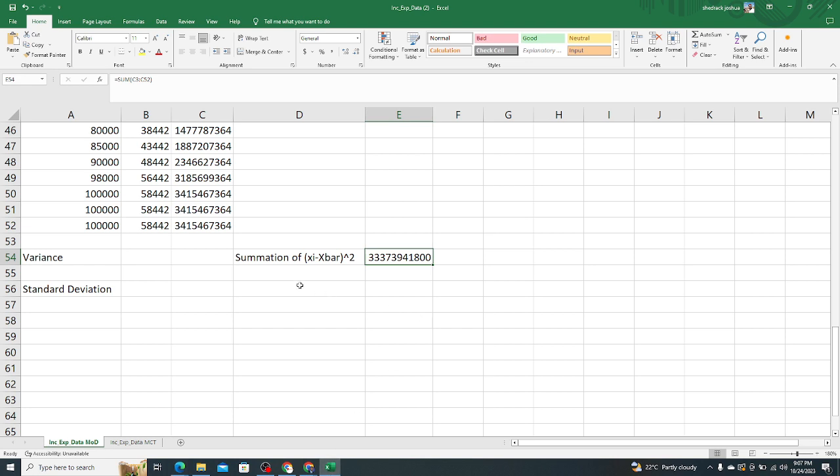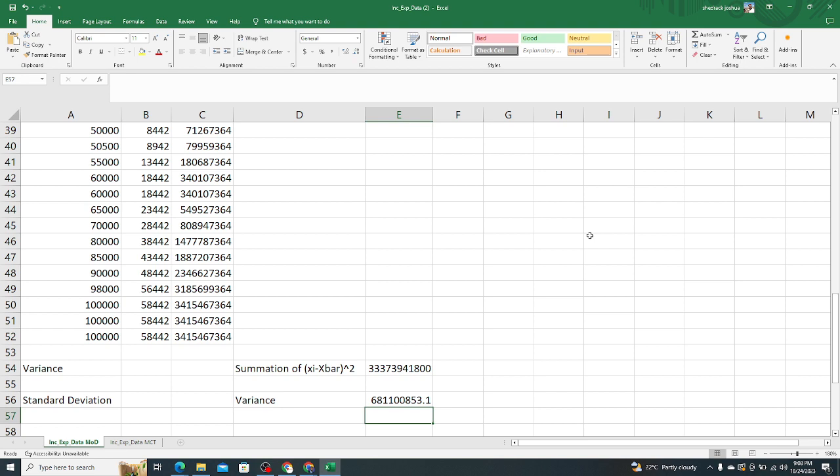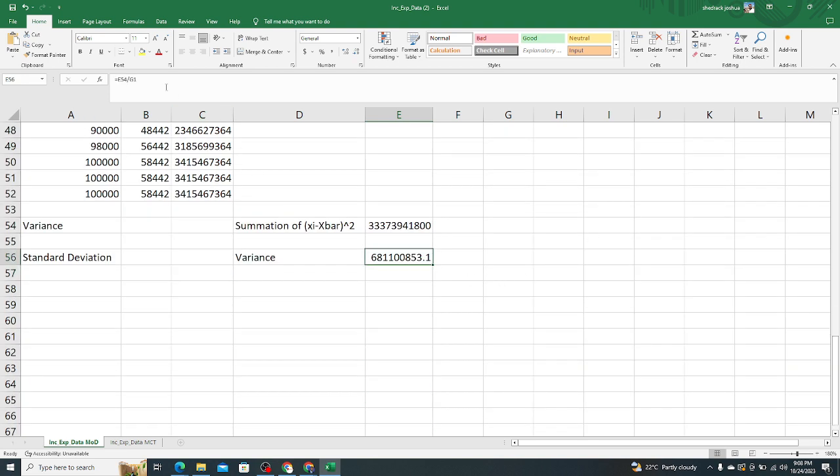So our variance will be equal to the summation of xi's minus x bar squared, divided by n minus 1, which is 45. So this is our variance.